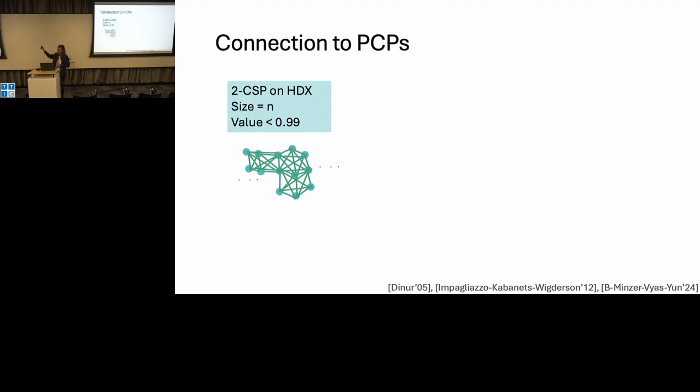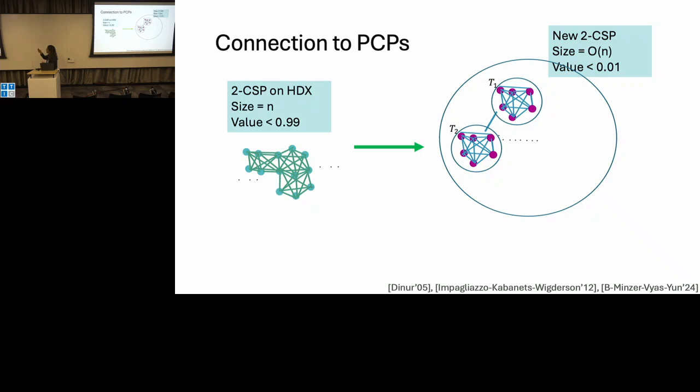They only lie on edges of this green graph. And let's say this has size n and value 0.99. The new CSP that we will construct, or the reduction, will have size theta of n, and we'll show that it has value 0.01. And this will be the construction.